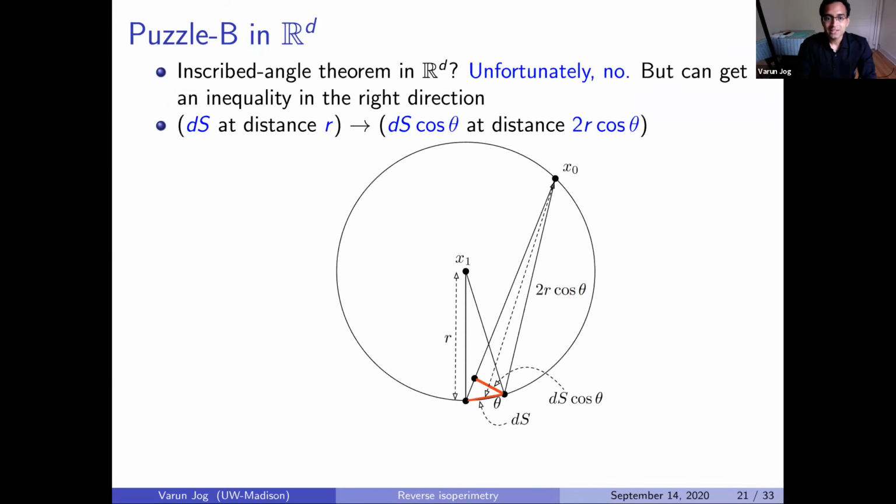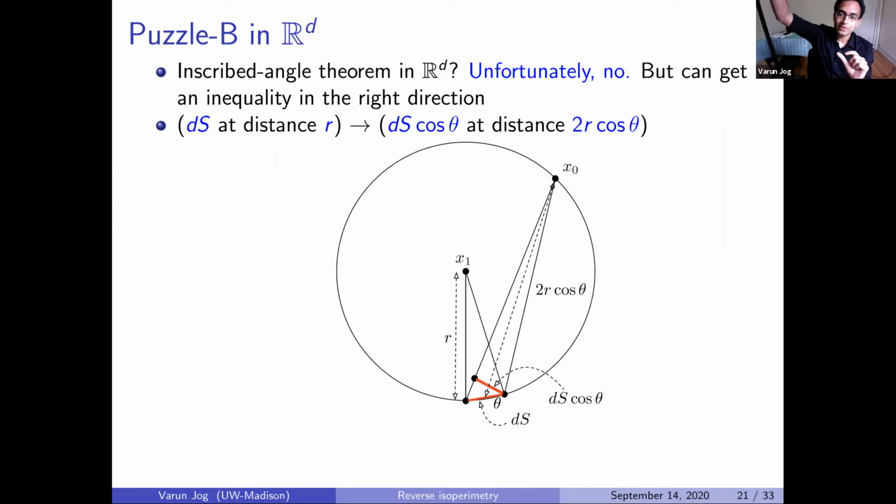So here's my attempt at explaining in a picture what exactly happens. Let's say this is a circle with center x1, and you have a small section of the boundary, and now you're looking at that small section of the boundary from the point of view of x0.